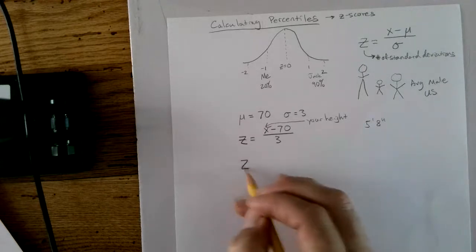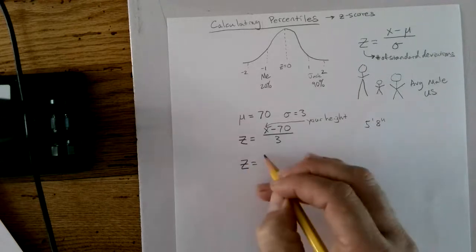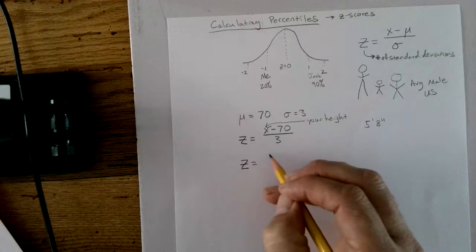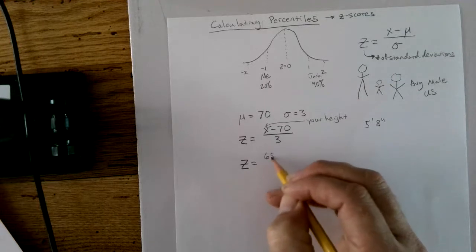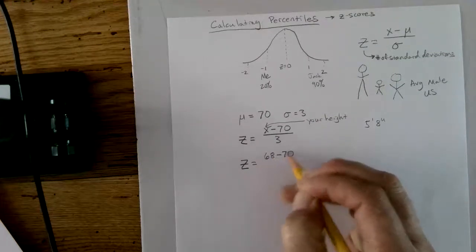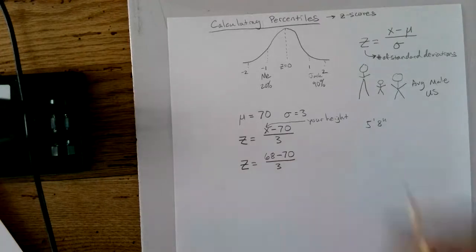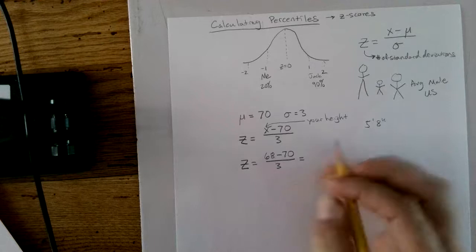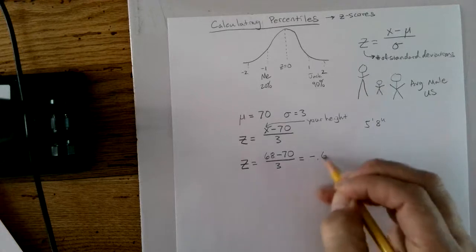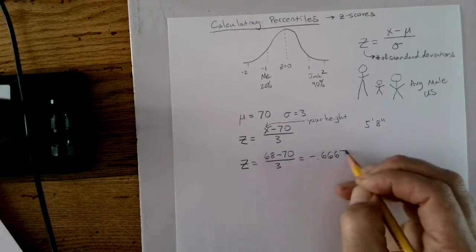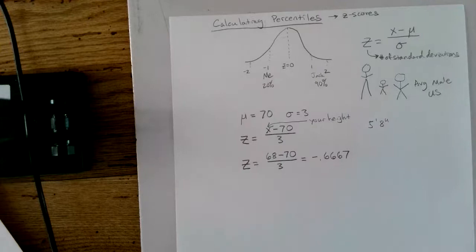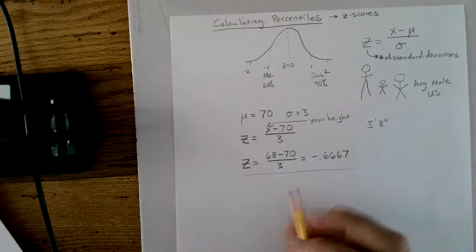So my z-score is equal to 68 minus 70 divided by 3. If I take my calculator and divide that out, I get negative 0.6667. That's very important. That's my z-score. And now we're going to turn that into a percentile.